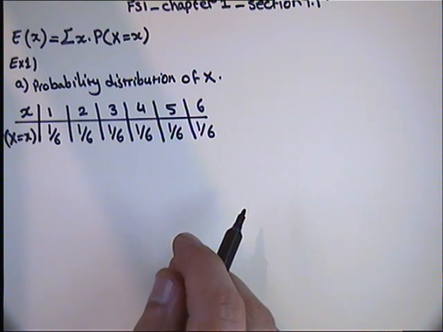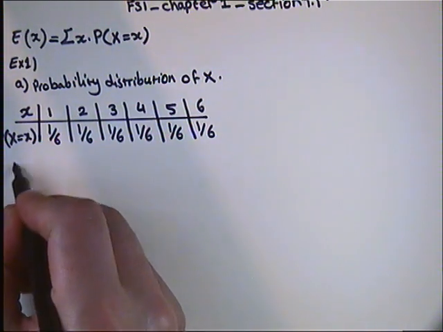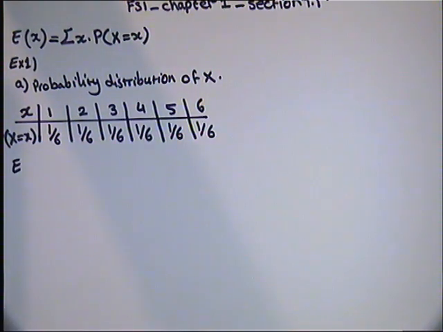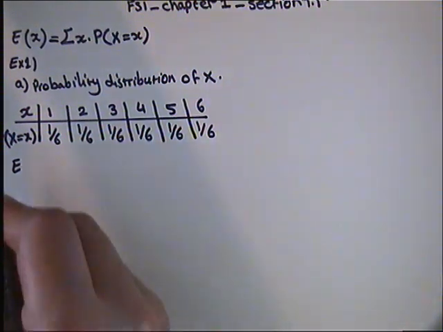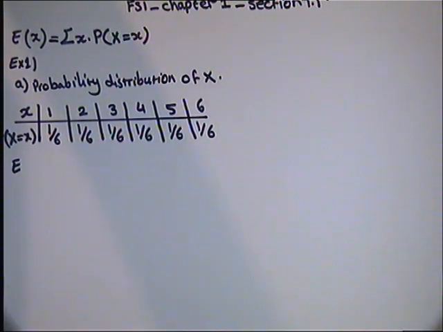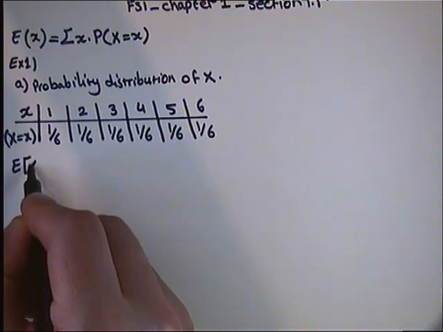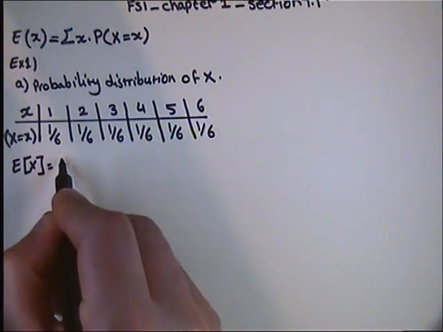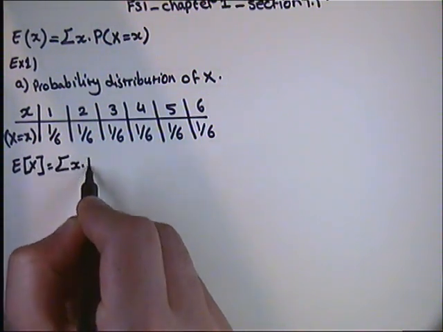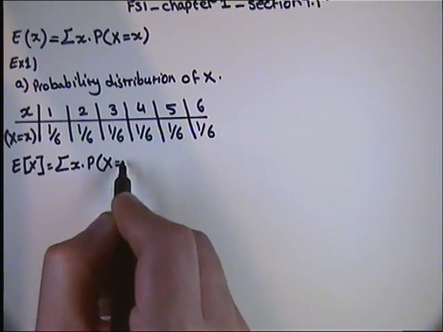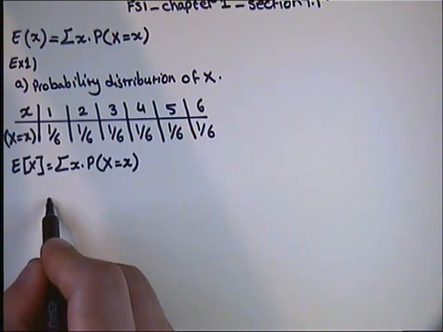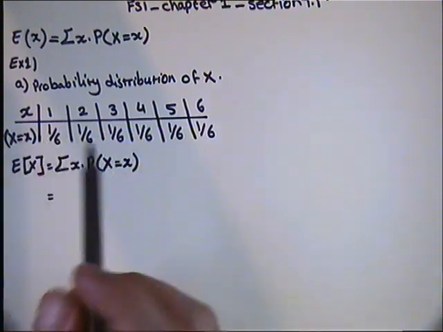Okay, so the expected value E of x, which is part B of the question. It says use the probability distribution of X to calculate E of x. E of x is equal to the sum of x times probability of X equals x.